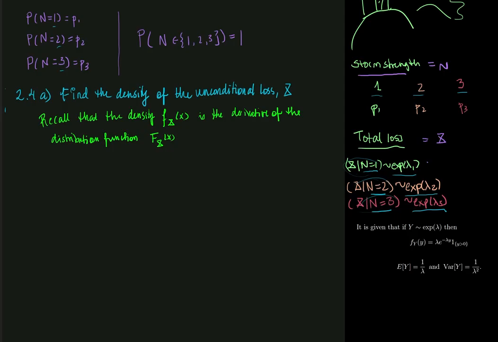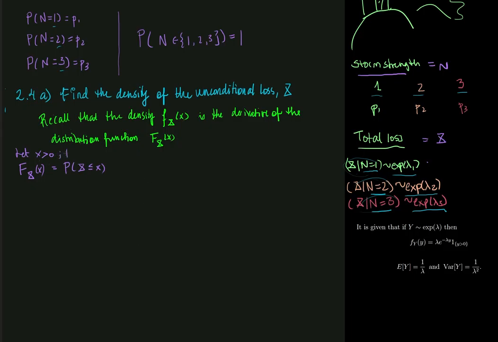Let's take a look at the calculations. So what we want to find in our first step is the probability that X is smaller than or equal to some value x, where we just say let x be greater than 0, since we're not interested in the negative values of x.